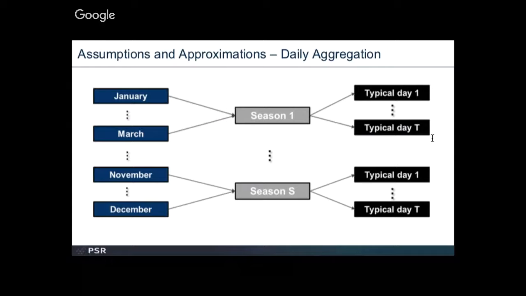Instead of considering 30 days per month, which would result in 8,700 hourly constraints, we aggregate each month into 2 typical days of 24 hours: 24 hours times 2 typical days times 12 months, which is more or less 300 hours to build constraints. This is a quite good approximation.